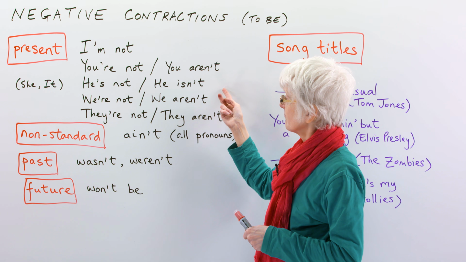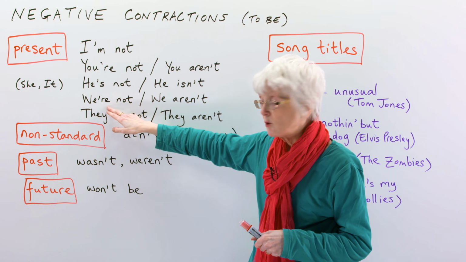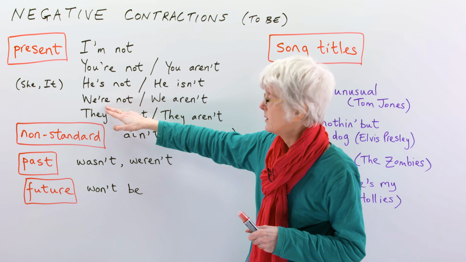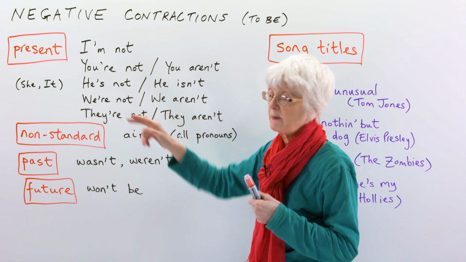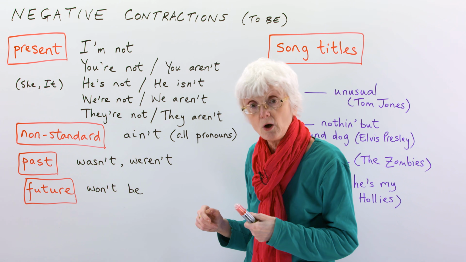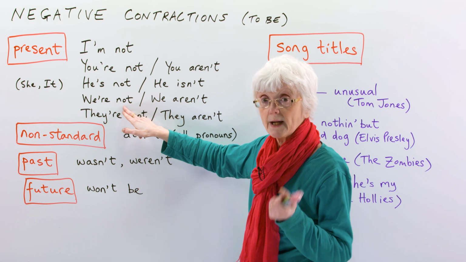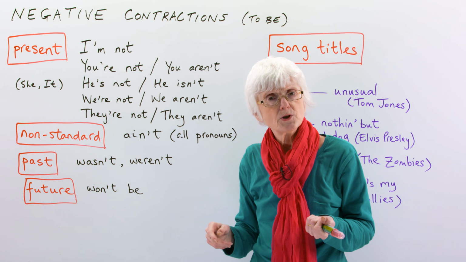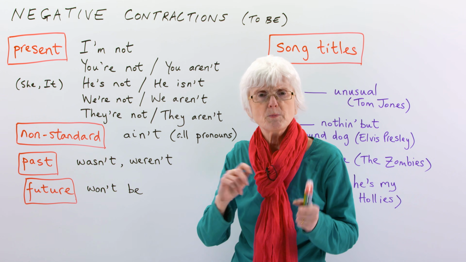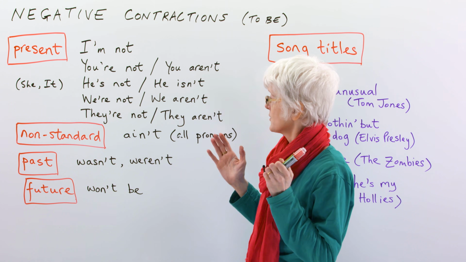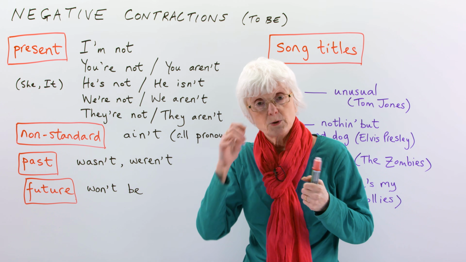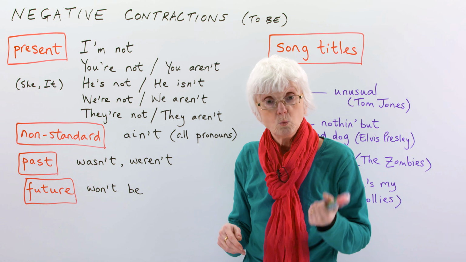Okay. And then moving on to the plural, first person plural, we. So we are not becomes we're not. We're not. You may also be not quite sure how to pronounce these when they're contracted. So I hope this lesson helps you with that as well.